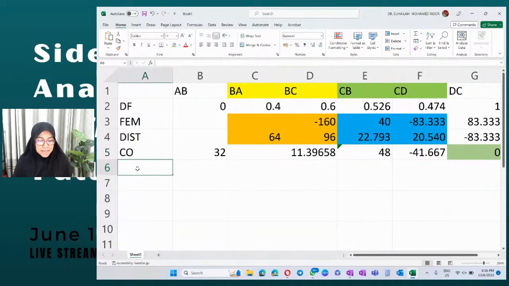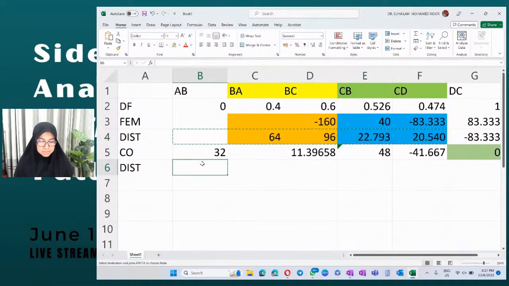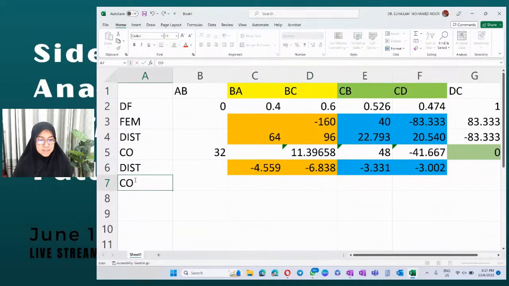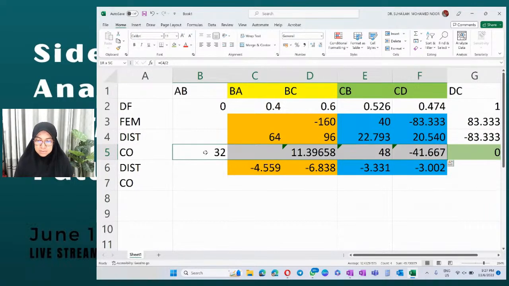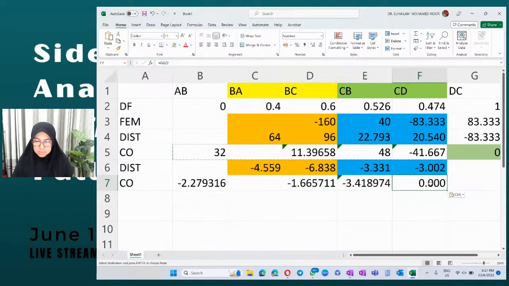One cycle is done. Second cycle distribution. Next is carry over, to 3 decimal places.